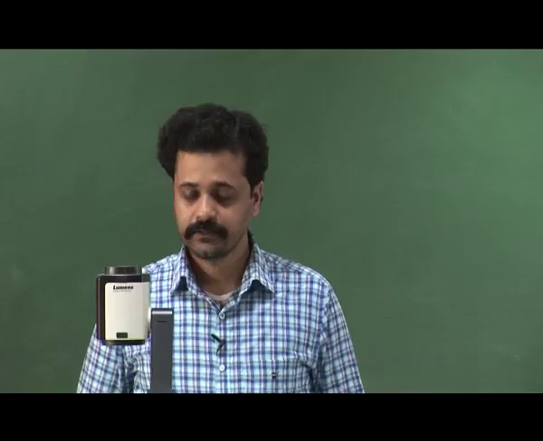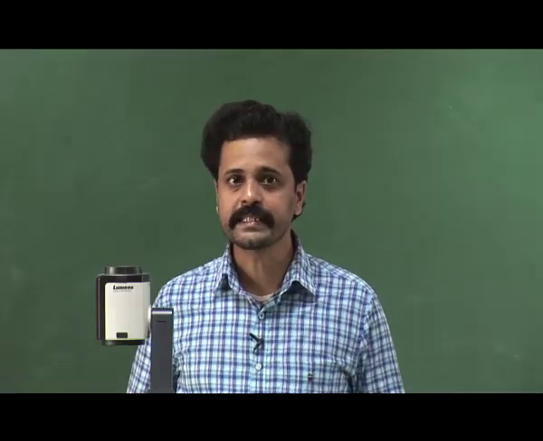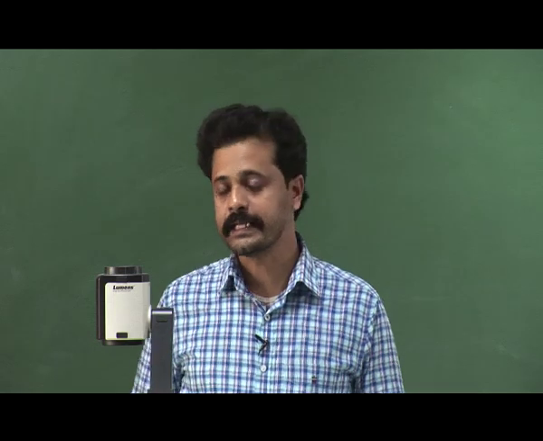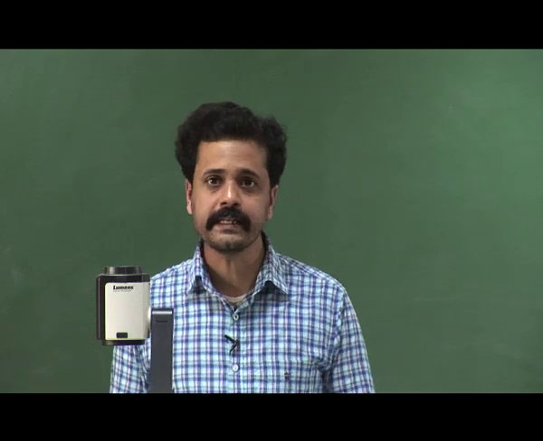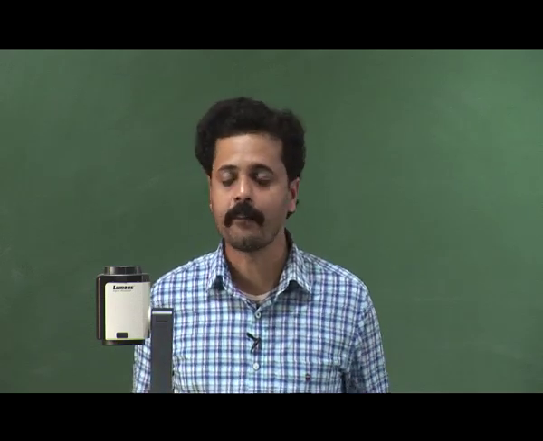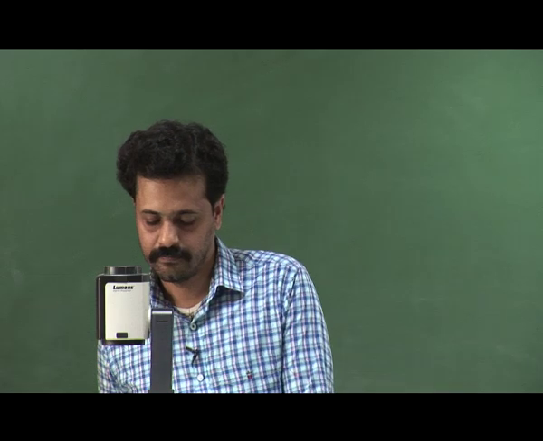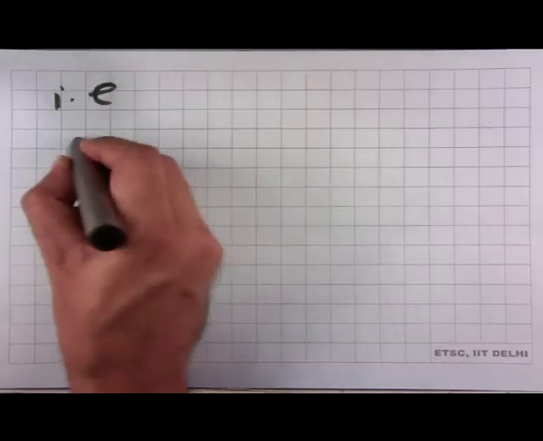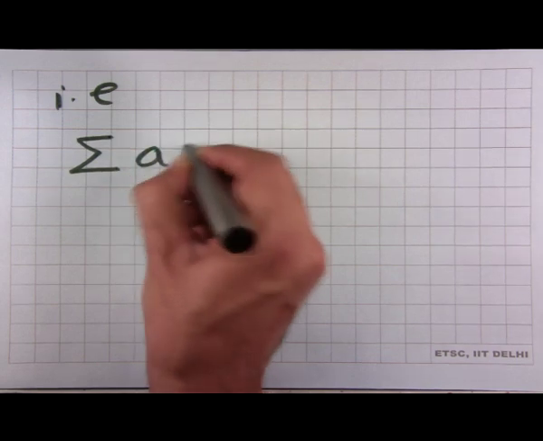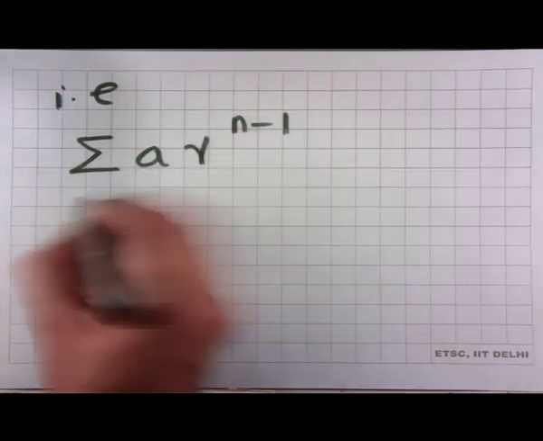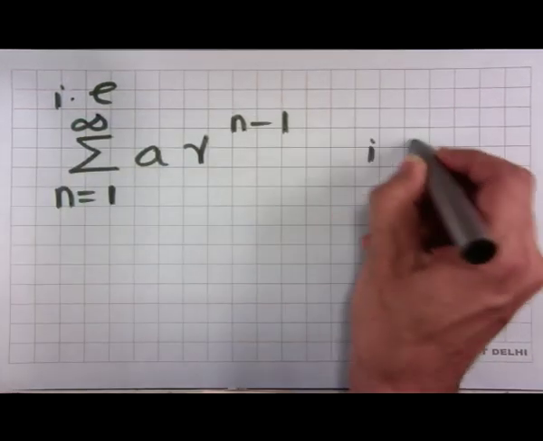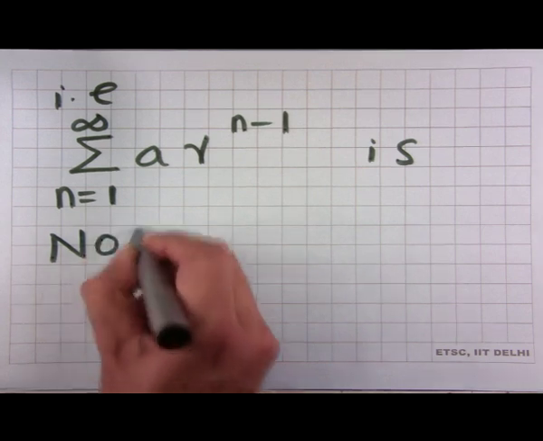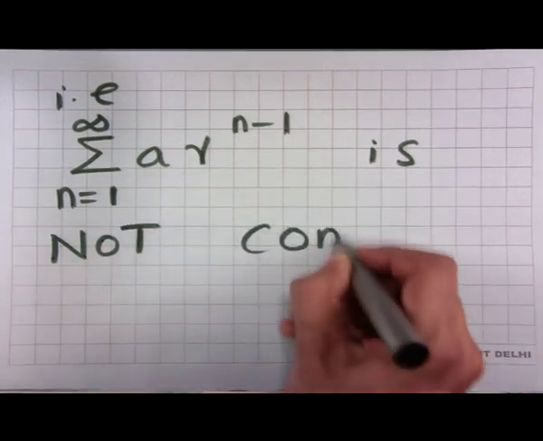To put it in the language of series, this is equivalent to saying that the corresponding series is not summable. That is, the summation of a r^(n-1), n equal to 1 to infinity, is not convergent.